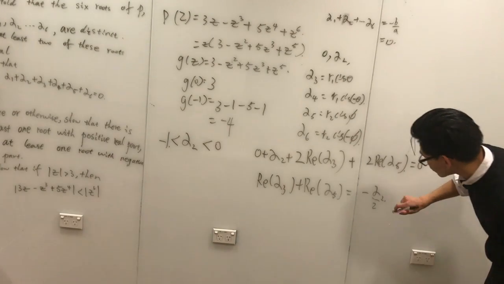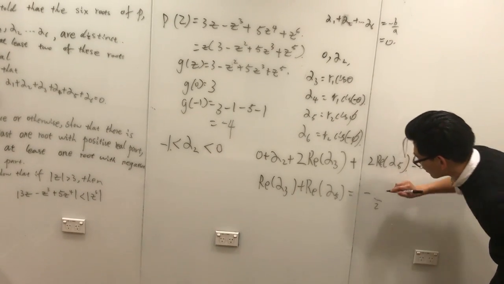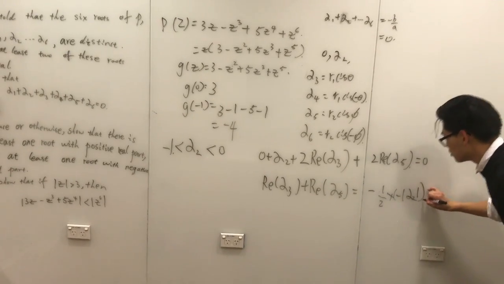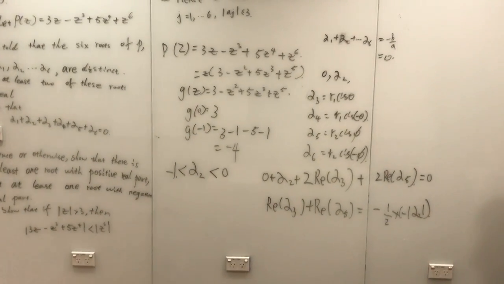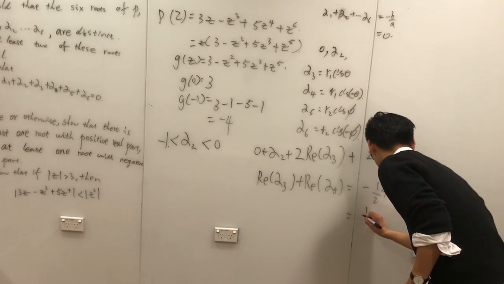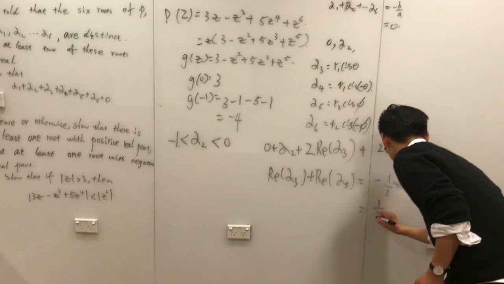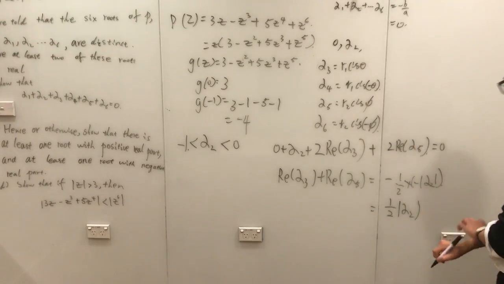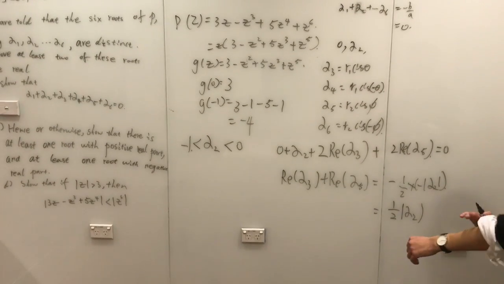So we can represent alpha 2 as negative absolute value of alpha 2. In this way, it shows alpha 2 is a negative number. So the sum of the real parts is half of the absolute value of alpha 2.